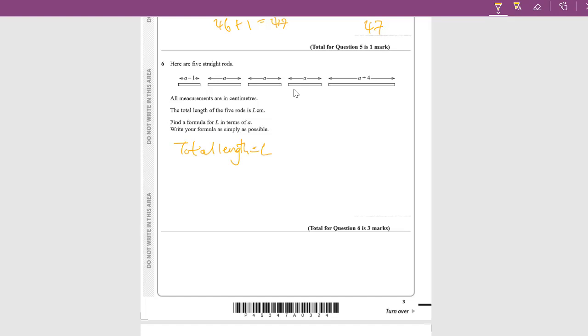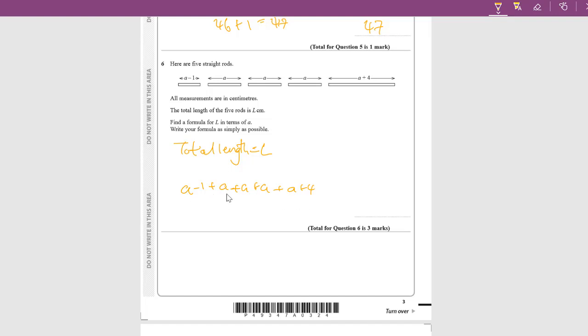So if you add all of these up, we've got A minus 1 plus A plus A plus A plus A plus 4. So let's simplify by combining our like terms. How many A's do we have?